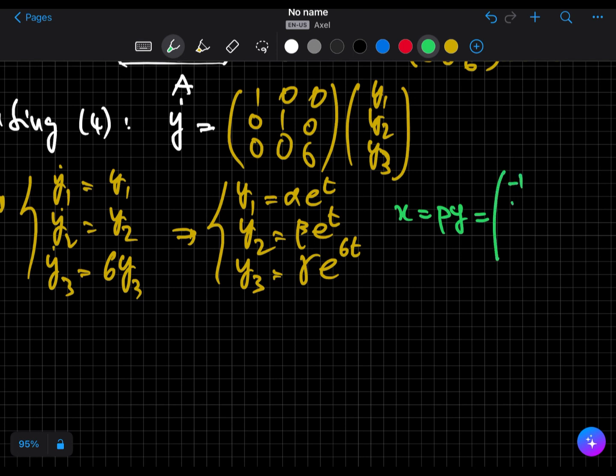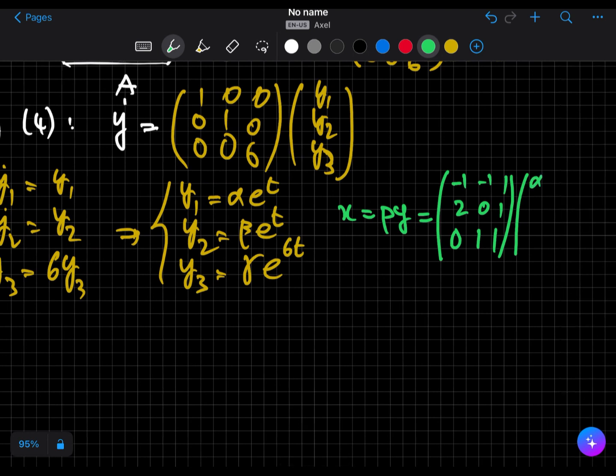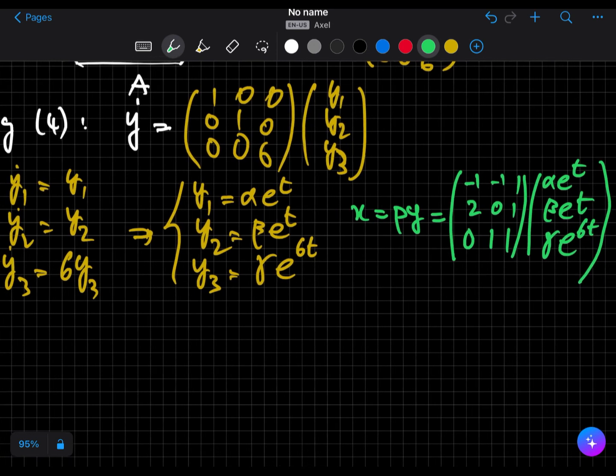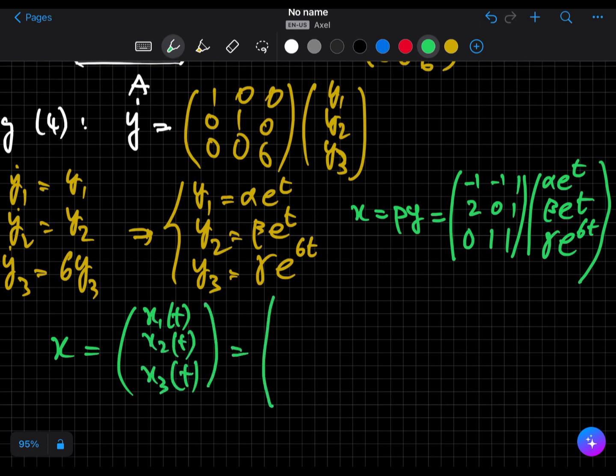So I have the matrix with rows minus 1, 2, 0; minus 1, 0, 1; and 1, 1, 1, times y, which is alpha e^t, beta e^t, and gamma e^6t. Therefore I can find my solutions x1(t), x2(t), and x3(t) clearly here.